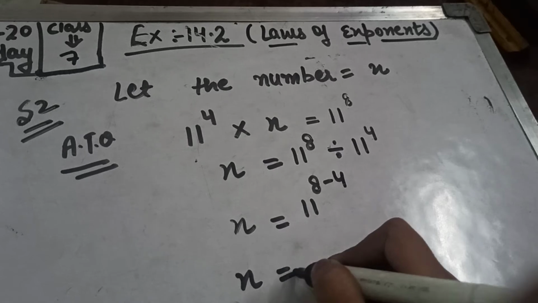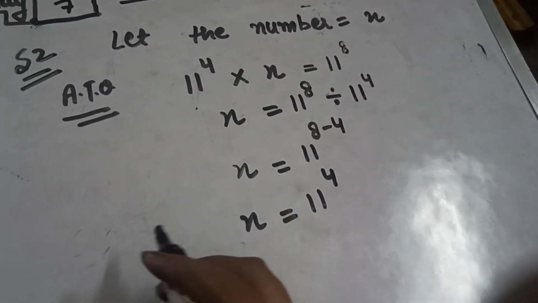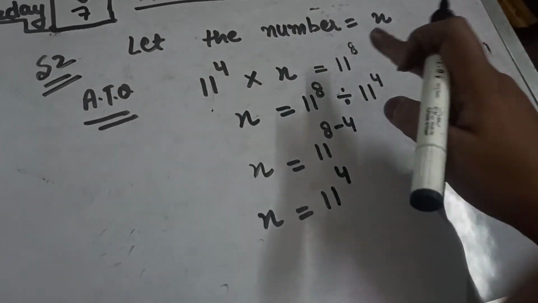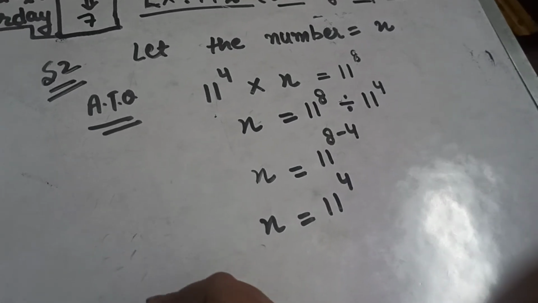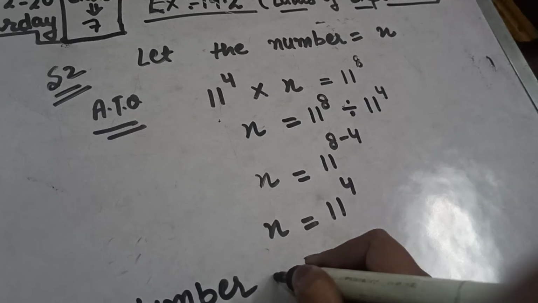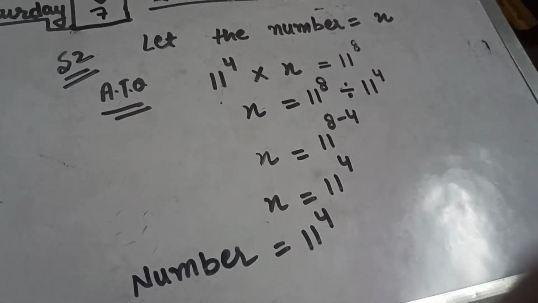So x equals to 11 to the power 4. Now you will get the number which we have to multiply with this to get the product 11 to the power 8. So you will write here number equals to 11 to the power 4. Right?